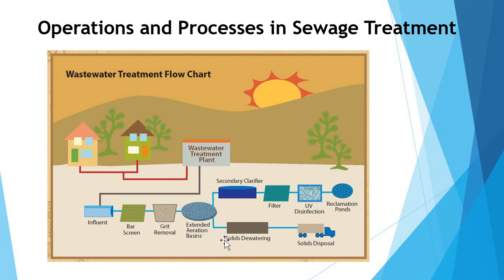According to this diagram, we have an extended aeration basin, which is simply called the activated sludge process, and from this the water enters the secondary clarifier, in which all the solid particles are collected. This is simply a sedimentation tank, and after this microfilters are used to filter out those particles which have escaped from the secondary clarifier. From there, the disinfection process, then to the reclamation ponds or to the environment.